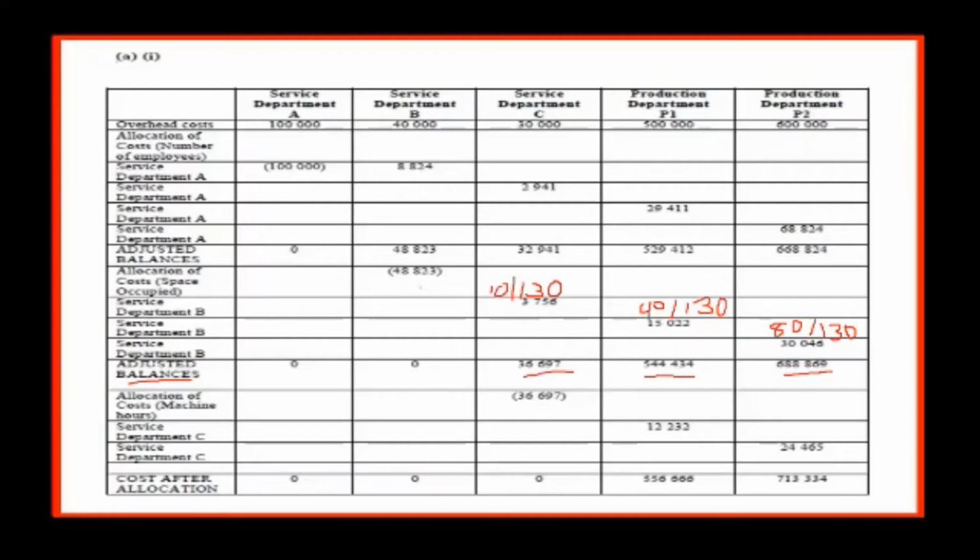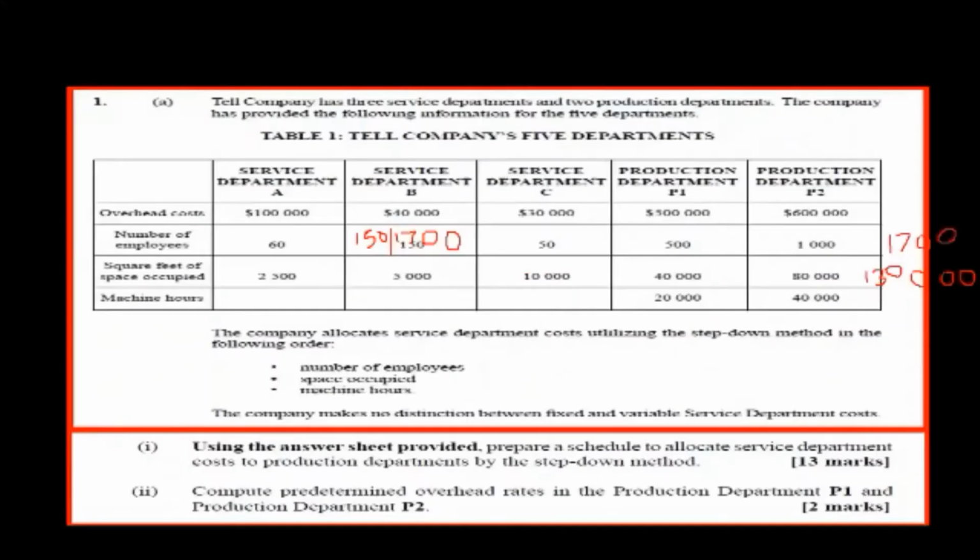So we minus off these, this one 36,697, and we come back here now. We have machine hours. We're going to allocate this total on the basis of this.